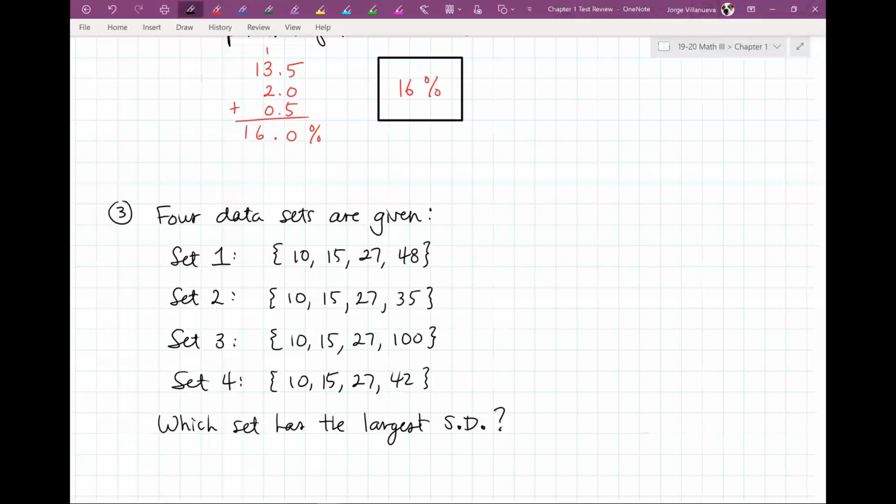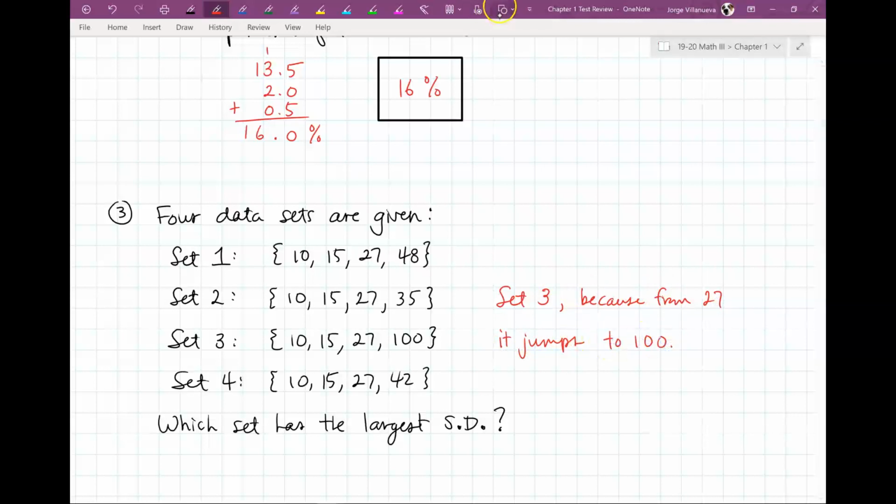The range for that one is huge. So we're going to say set 3, because from 27 it jumps to 100.